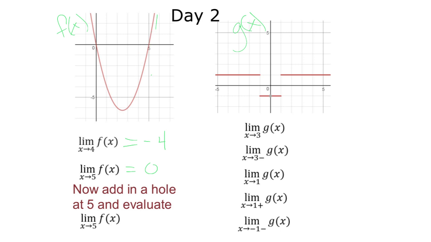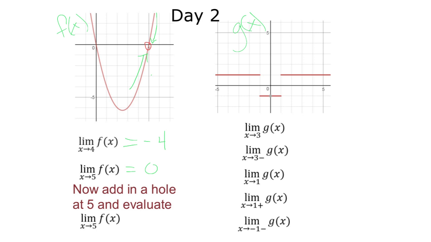I'm going to change our graph a little bit, and I'm going to put a hole at 5 and see how that changes it. So let's pretend this was a parabola, but there was a hole in the graph right here at 5. Instead of it being just nice and continuous, it would be considered discontinuous. Now when you do this, and you come in from the left and from the right, what would you say that the limit is now?